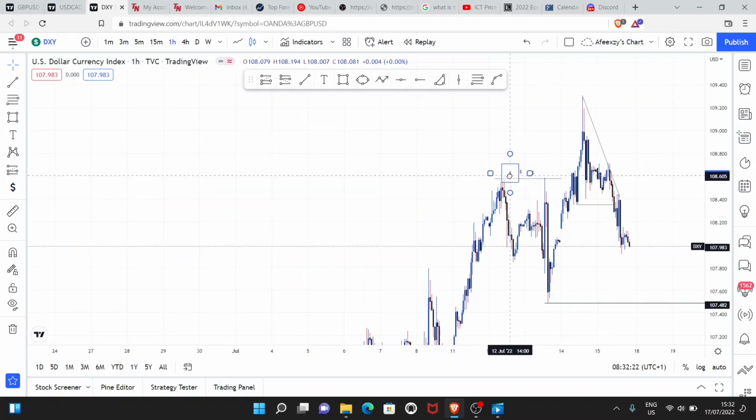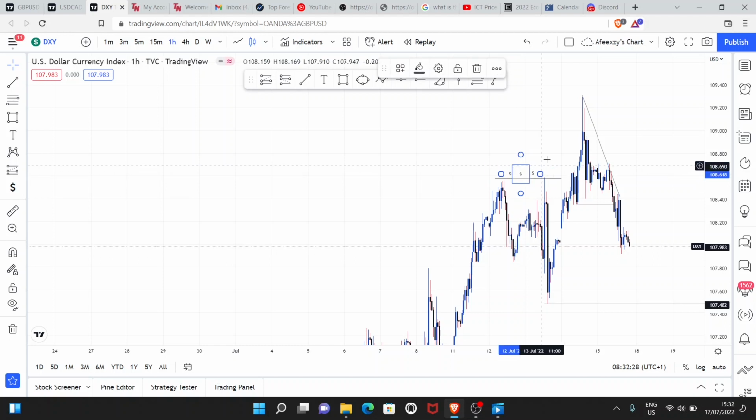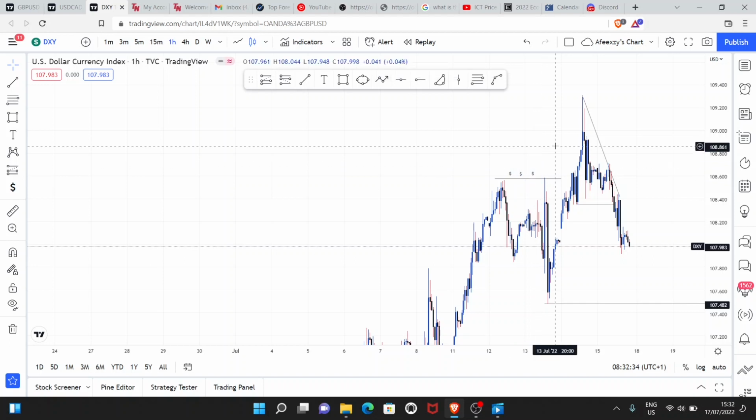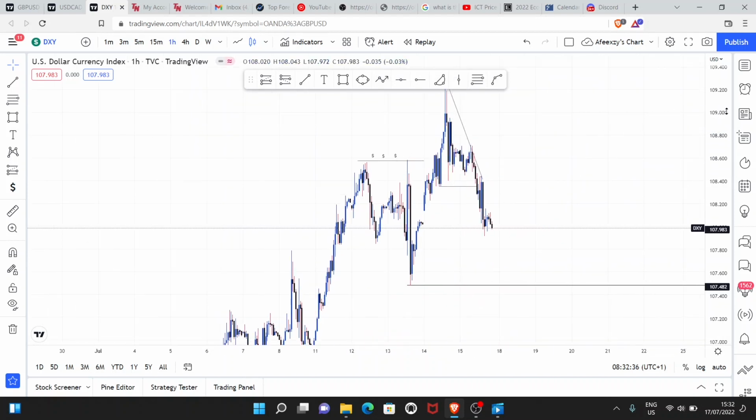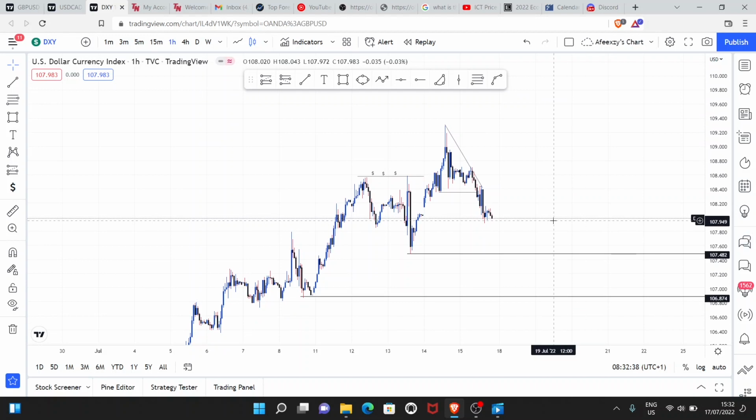Those are equal highs. So let's see how DXY plays out next week.